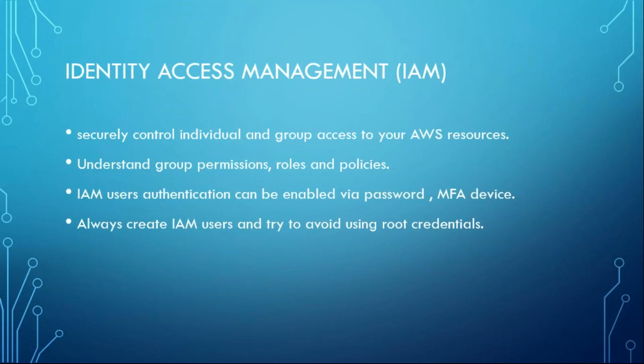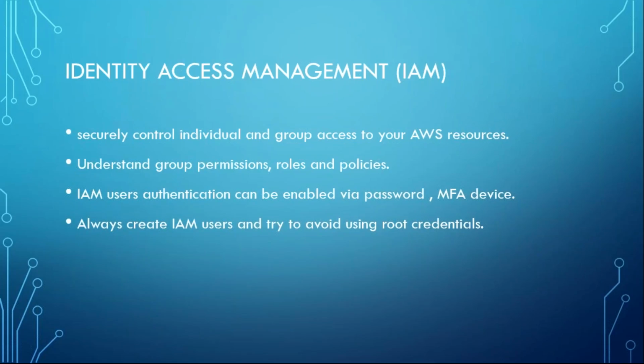So IAM, Identity Access Management. What is Identity Access Management? It's like in every office or every environment, we'll have users and roles, and each user will have some privileges. Similarly, in an AWS account, you create a user and provide some roles for each user to access the AWS resources.